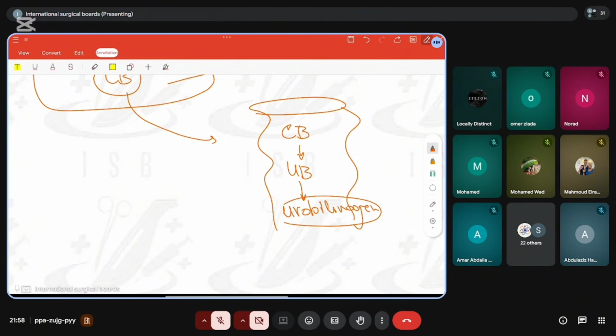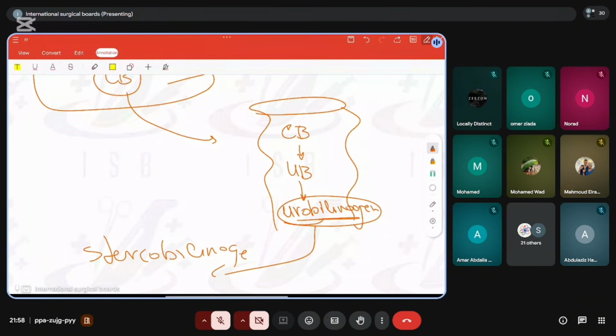Most of it is excreted in stool, and now we call it stercobilinogen. When it sits and oxidizes in the air, it becomes stercobilin, which is colorful. That's what gives stool its color.